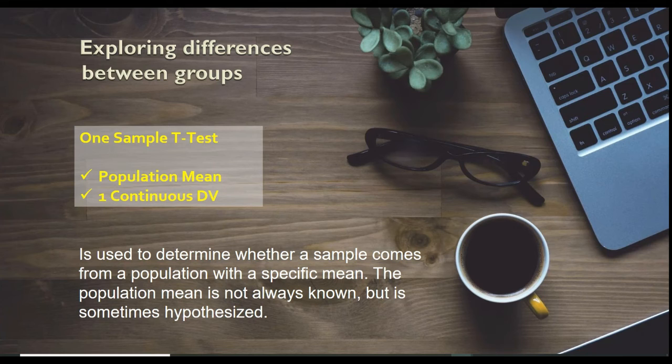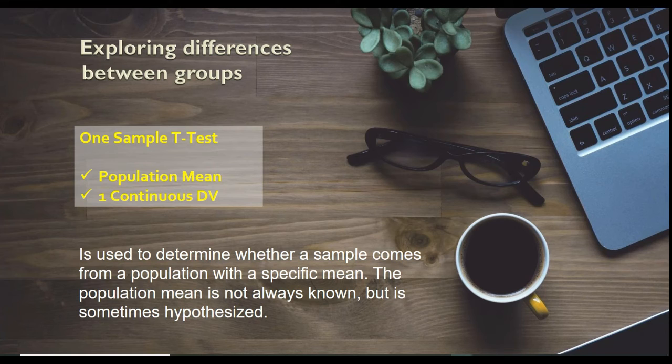When you analyze your data with any t-test, the procedure reduces your entire sample to a single value, which is t-value. One sample t-test is used to determine whether a sample comes from a population with a specific mean. The population mean is not always known, but is sometimes hypothesized.